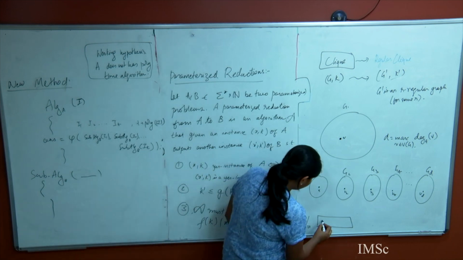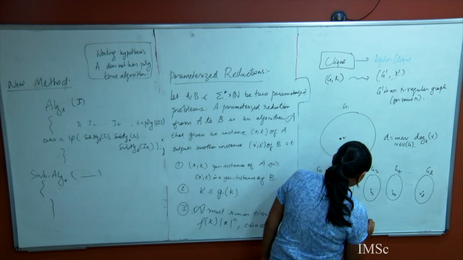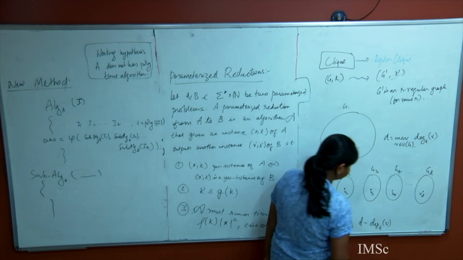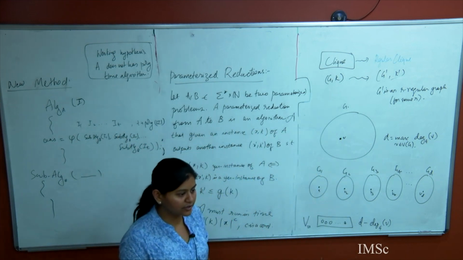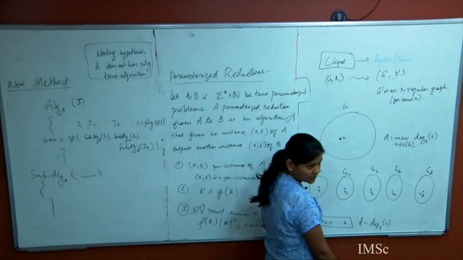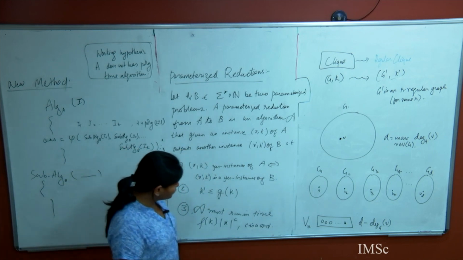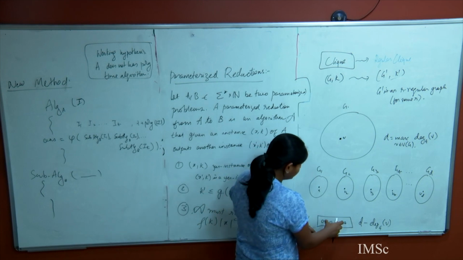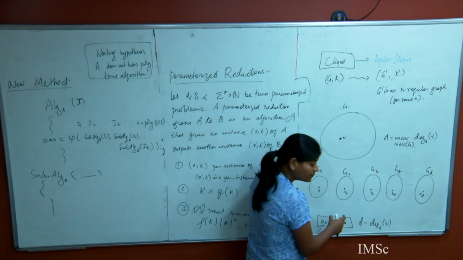The number of vertices that we create here will be D minus the degree of v in G. So if v already has degree D, we do not create any other vertex. If its degree is small, then only we create these vertices. Now we add all possible edges between these copies of the vertex v.